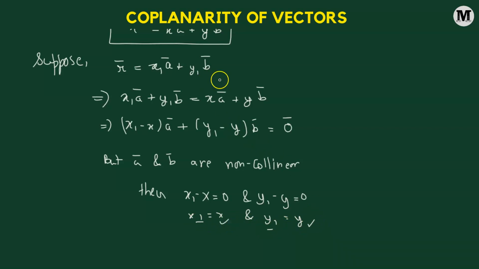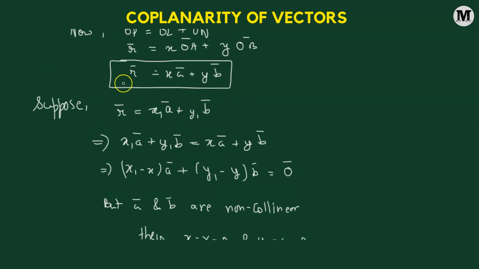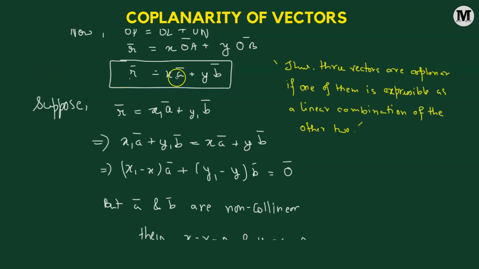So it is true that the vector R, which is coplanar with vector A and B, can be uniquely expressed as R vector equals x times A vector plus y times B vector. In other words, the theorem can also be expressed as: three vectors are coplanar if one of them is expressible as a linear combination of the other two. In this case, we have considered one of the vectors as R vector and we have expressed it as a linear combination of the other two vectors, A vector and B vector.